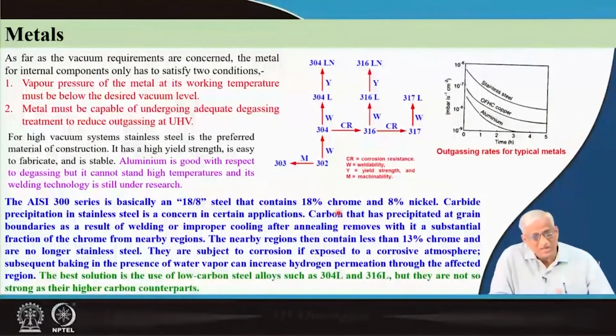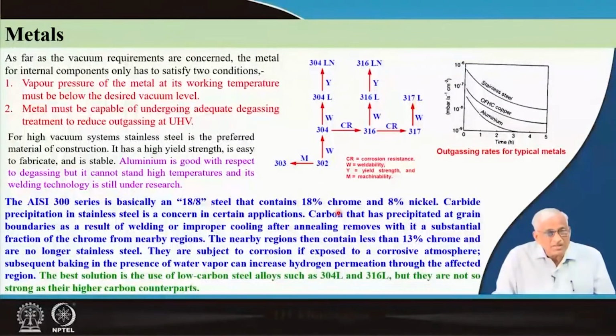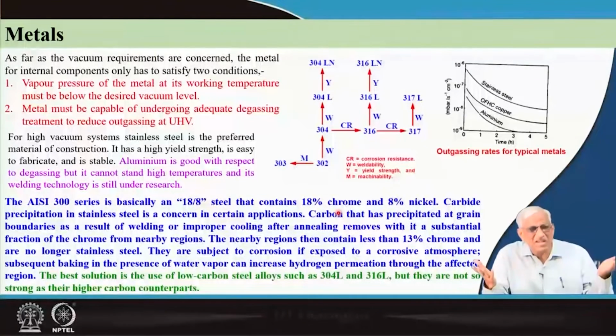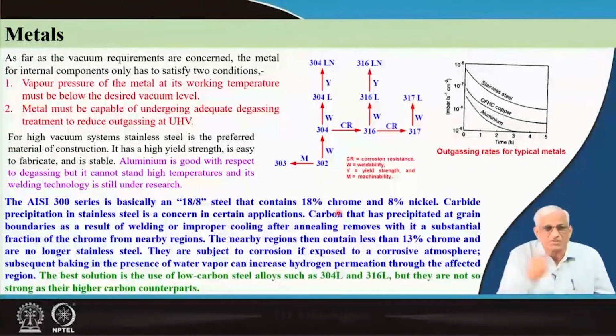This is possible by special alloys in stainless steel, several grades like 304L and 316L etc., where low carbon steels are used. But low carbon steel is having another problem, because low carbon steel is not very strong, but you may not require very high strength. After all, structural material only 1 atmosphere. If necessary, some stiffeners can be added, that we will see in the later class.